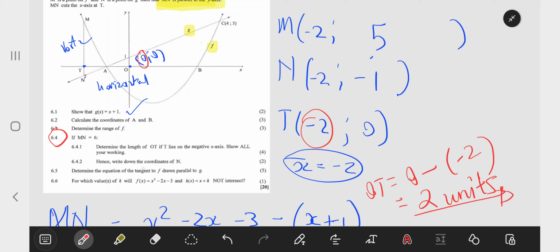Right? So we have found 6.4.1 and then 6.4.2, hence write down the coordinates of N, and we have found the coordinates of N above. Okay? So the only difference in this question is that we were not determining the maximum distance or the minimum distance, but in this case we were given the distance.